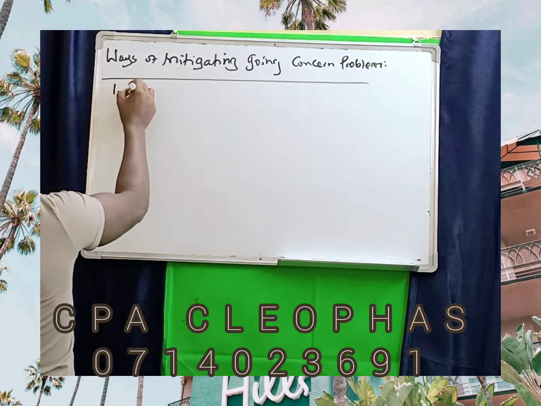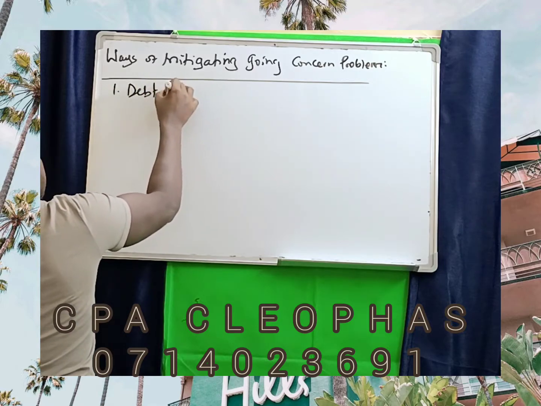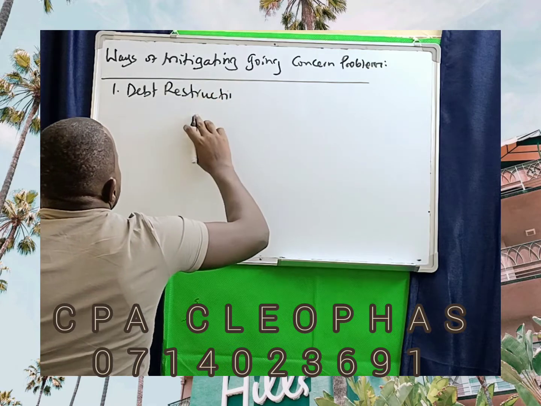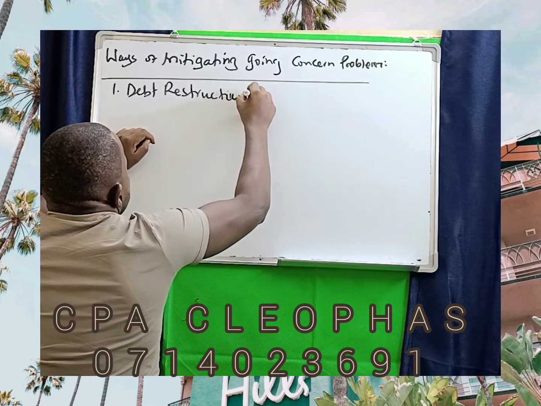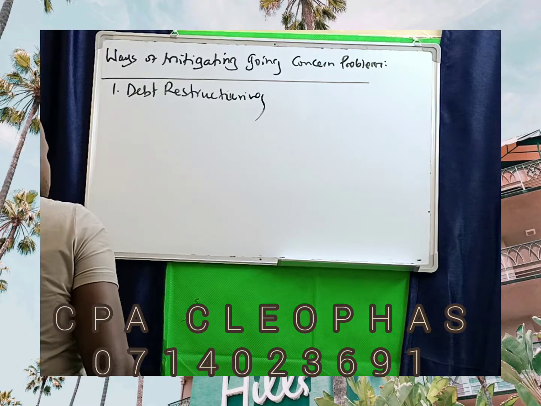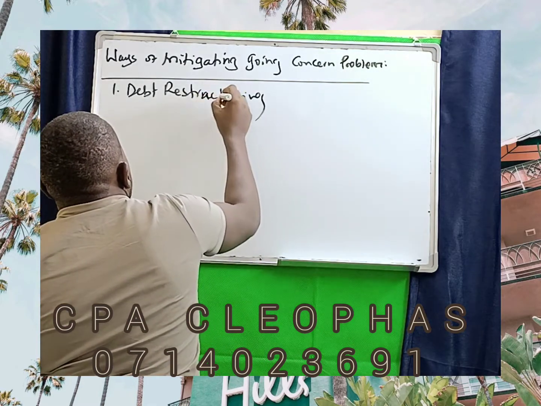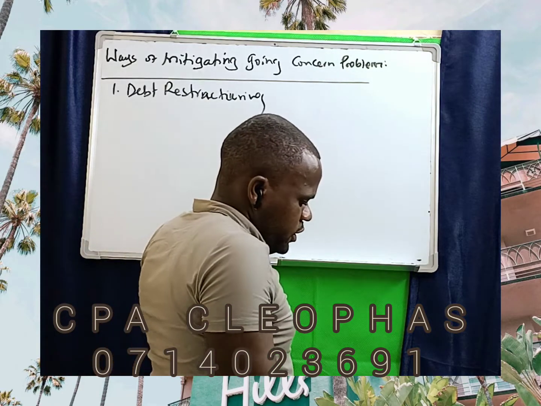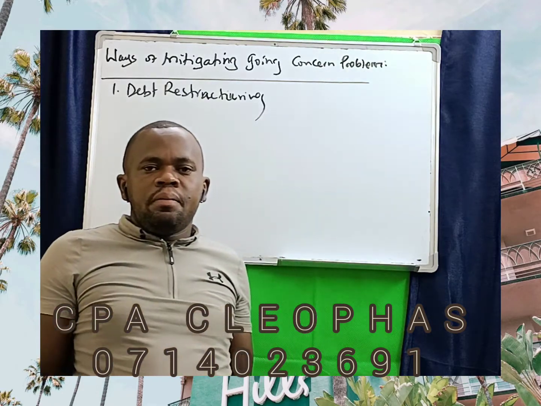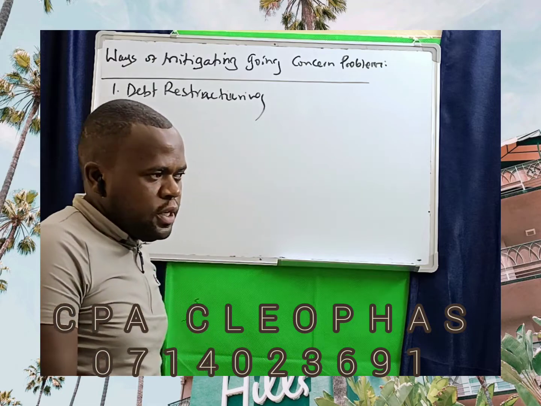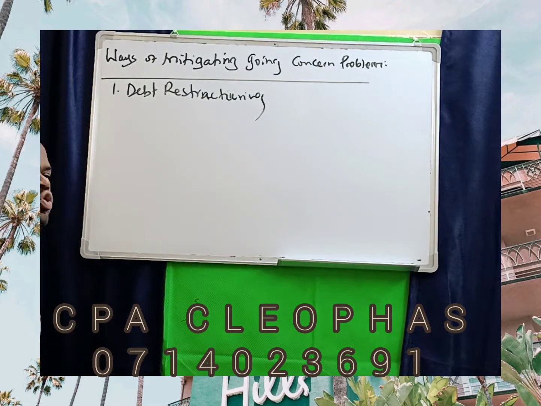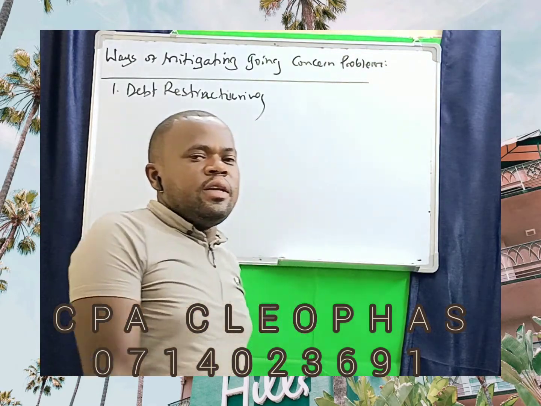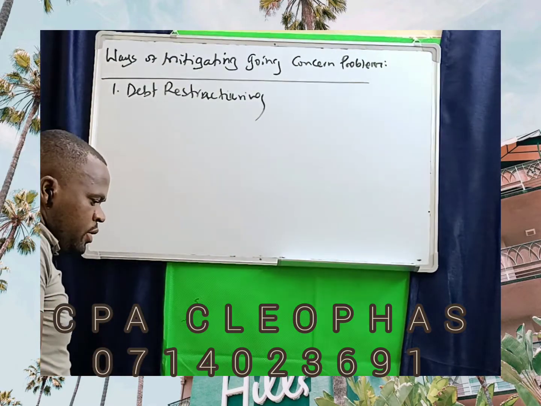Number one, debt restructuring. That is, you convert the short-term debts to long-term debts. If you are to pay in the next 2 months, you convert it to 6 months or to 1 year. You pay in the long run.